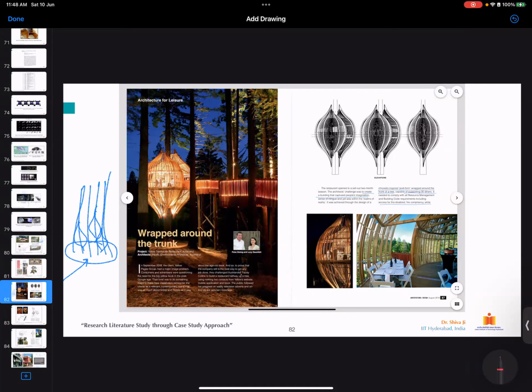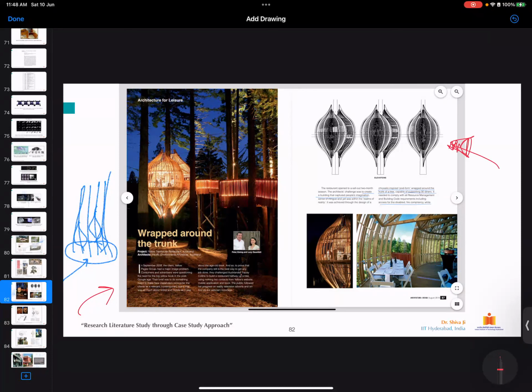Another example is from Auckland. This is a restaurant, actually. In this one, this wrap-around restaurant structure was created around these tree trunks.